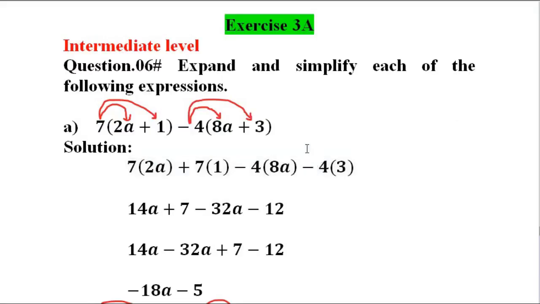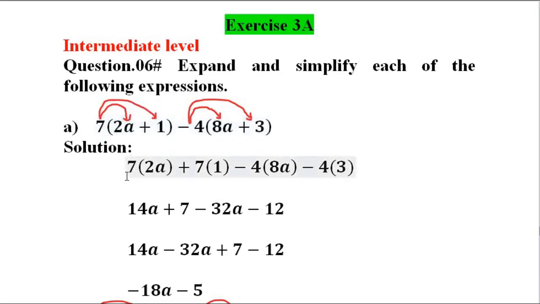Question 6 states to expand and simplify each of the following expressions. The first part from this question is positive 7, and then in parentheses positive 2a positive 1, negative 4, and then in parentheses positive 8a positive 3. I'm going to take that 7 on the outside of the parentheses and distribute it to the positive 2a and to the positive 1.